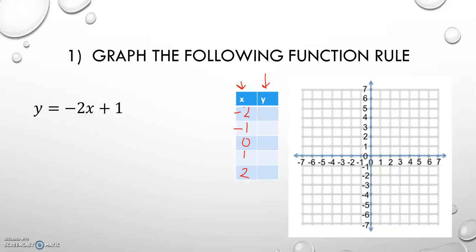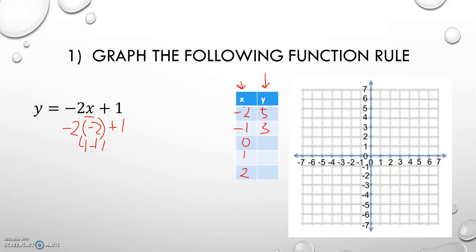If -2 is the domain, that means we're going to have -2 not times x, but times -2 plus 1. And -2 times -2 is 4, and 4 plus 1 is 5. So then, if I plug in -1, I'll have -2 times -1, which is 2. 2 plus 1 is 3.